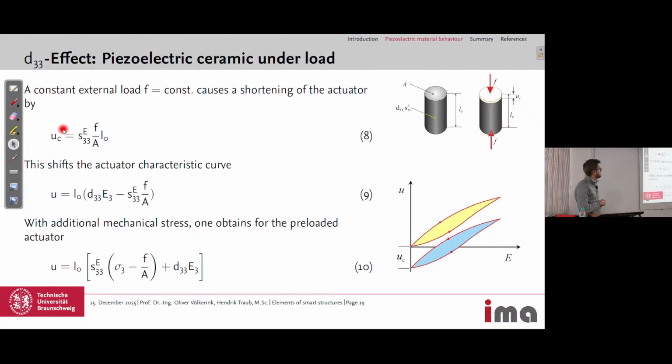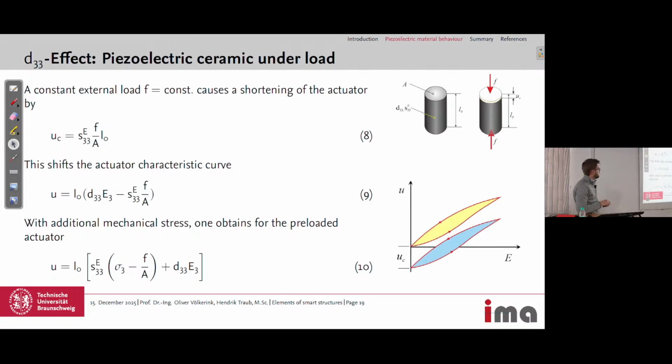So we have this shortening of the actuator UC, which is the compliance of the material times the stress, so the external force divided by the cross-section times L0.